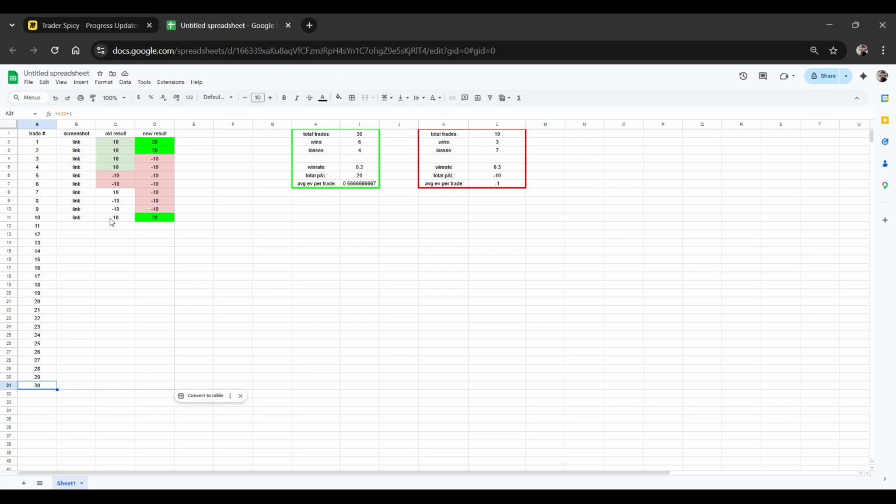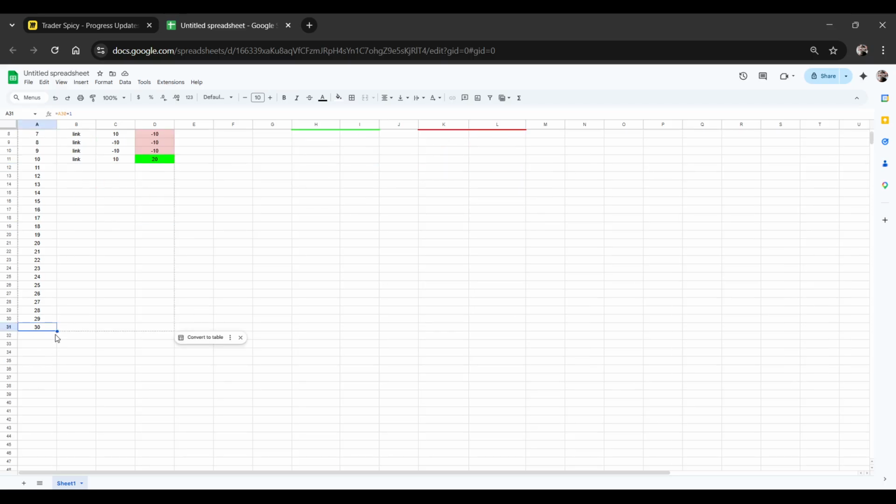Because the thing is, randomness and luck play a role. They play a big role in trading, right? So when we're working with only 30 trades, it could just be that this was an unlucky streak, right? And that could be heavily impacting the statistics here.